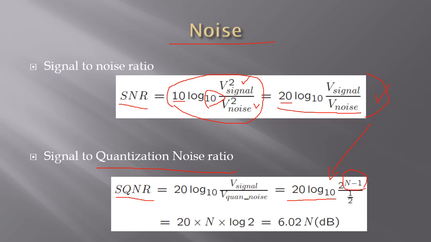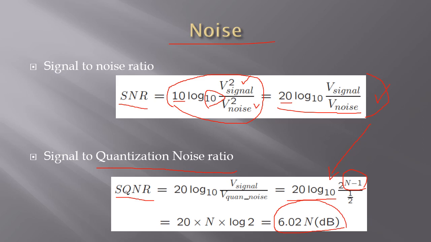So if it is an 8-bit number, then n would be 8. So the SQNR would be 2 to the power 7 divided by half, or 20 log 2 to the n, or we could say 6.02 multiplied by n dB.